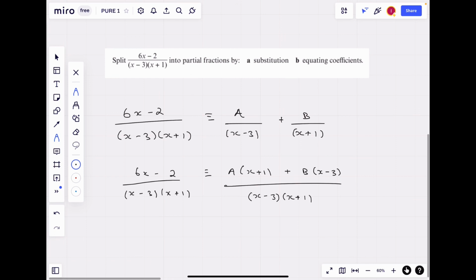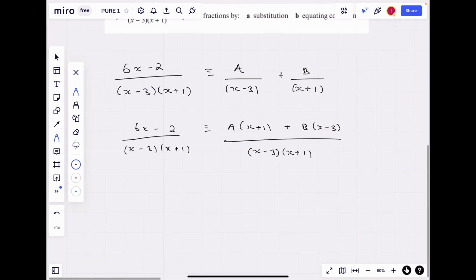Now, because both the left and right hand side have the same denominator, I can get rid of the denominator entirely. So 6x minus 2 is equal to A bracket x plus 1 plus B bracket x minus 3.